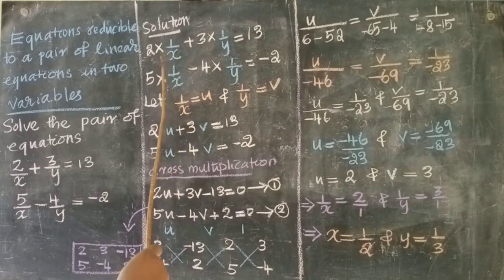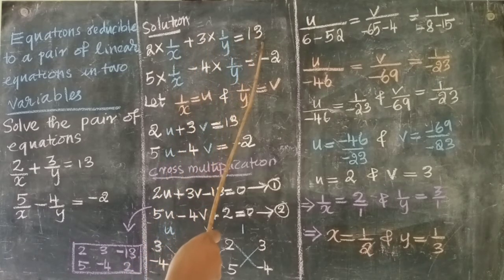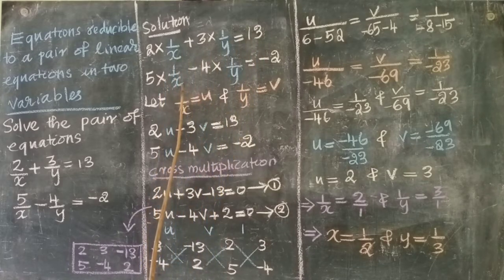So the question changes like this: 2 into 1 by x plus 3 into 1 by y equal to 13, 5 into 1 by x minus 4 into 1 by y equal to minus 2.